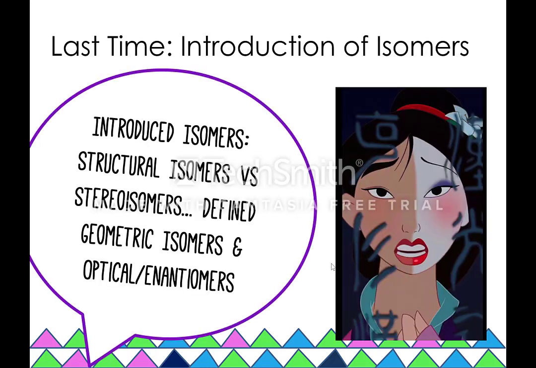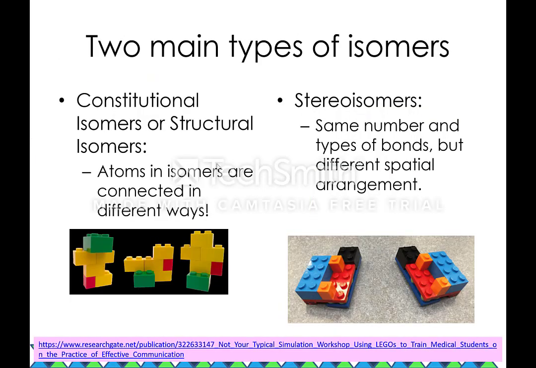Okay, so previously we introduced the definition of isomers. We talked about structural isomers versus stereoisomers, and we defined geometric and optical isomers or enantiomers. So we introduced them with their general definitions, and then we started specifically applying them to coordination compounds.